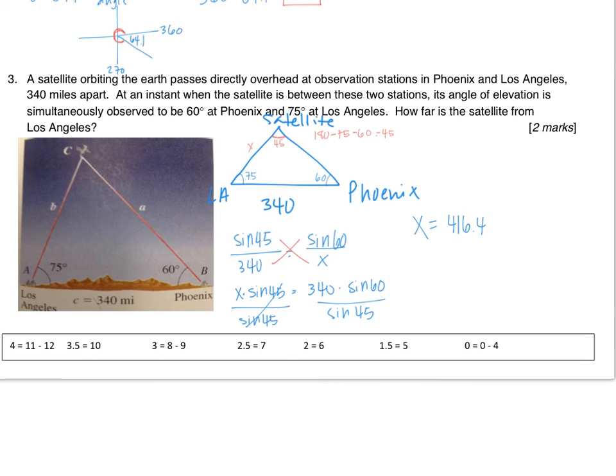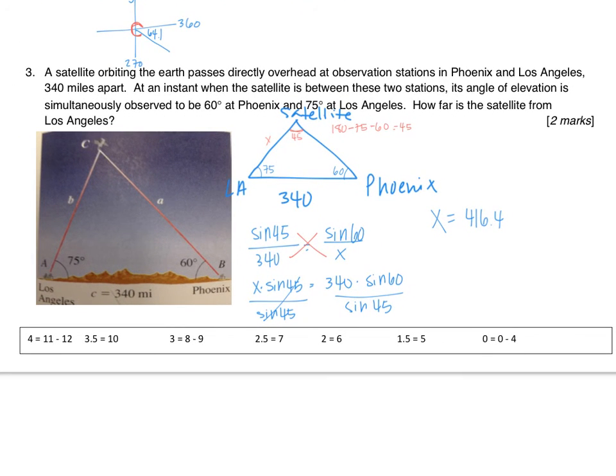And then just kind of looking at my work, 60, the angle across from the distance we were looking for, is bigger than 45. So it makes sense that my answer is bigger than 340. Then the side we didn't find would be the biggest of all. And yeah, that one's done. So next page.